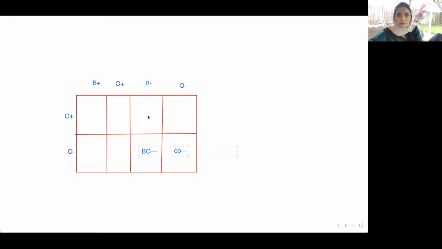This one is B positive, this is O positive, this is B positive, this is O positive, this is B positive. So the answer is yes. You have to know what gametes are possible, and you have to pick the gametes from which there is a possibility and rule out. Last question.